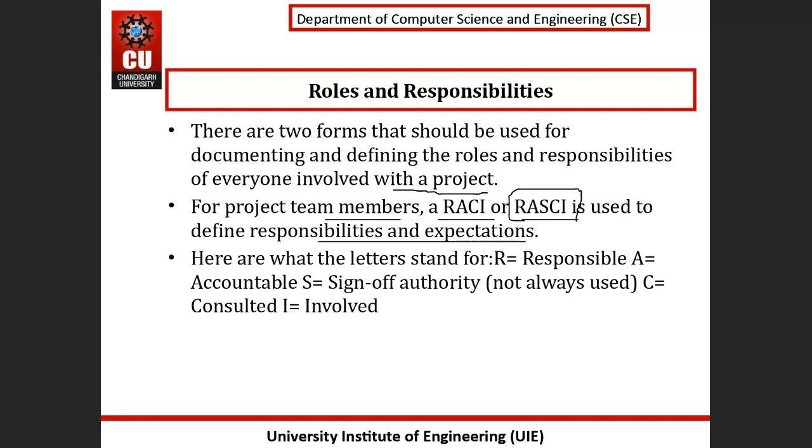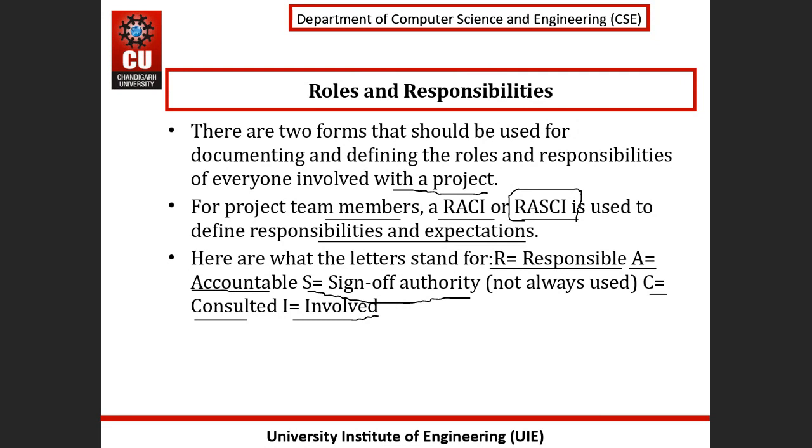That is RASCI. Its full form is: R is for responsible, A is for accountable, S is for sign of authority, C is for consulted, and I is for involved. So these are very easy words. You can understand the concept.